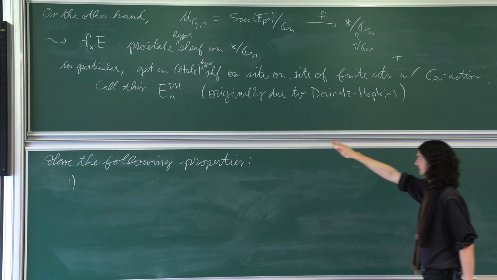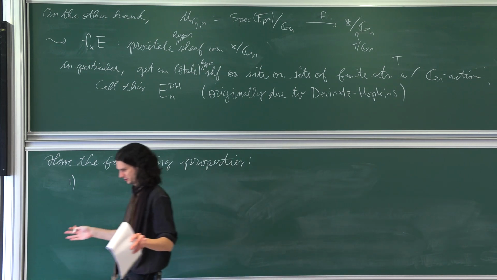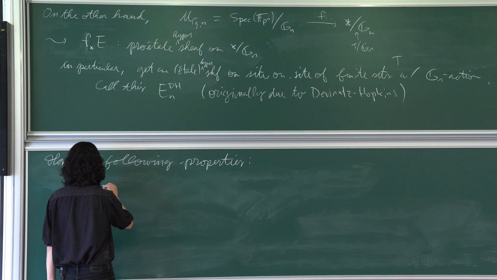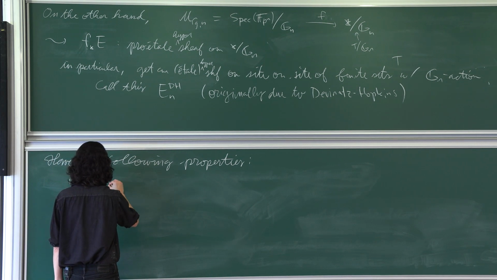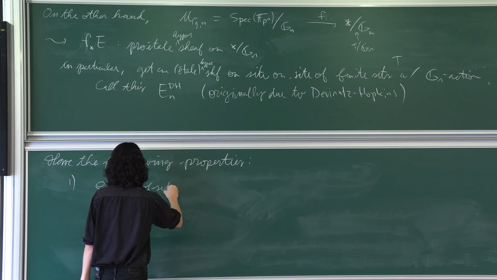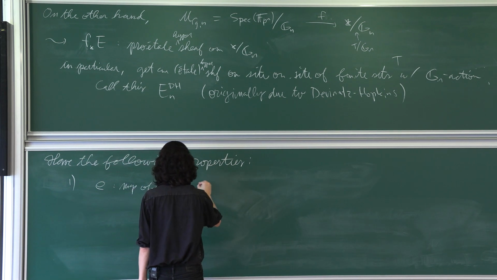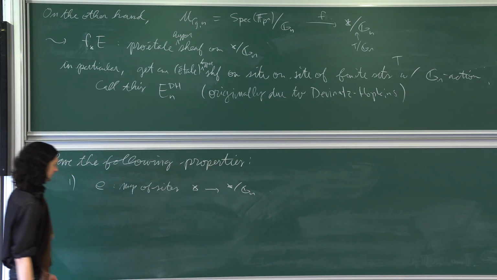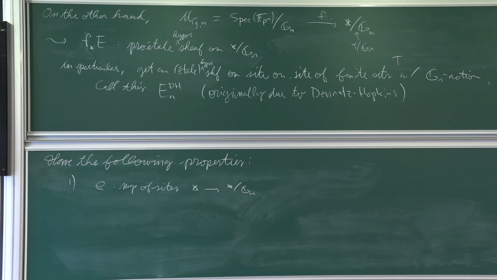So we can consider this E_nDH as giving a ring spectrum with a continuous action of G_n. So let's say that e is the map of sites, point to point mod G_n. It corresponds to the forgetful functor from finite G_n-sets to just finite sets.